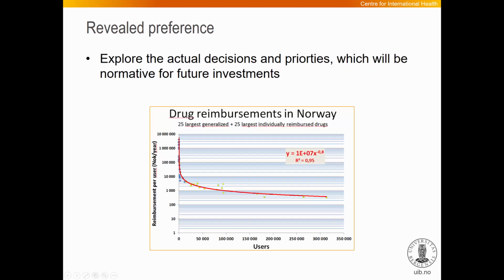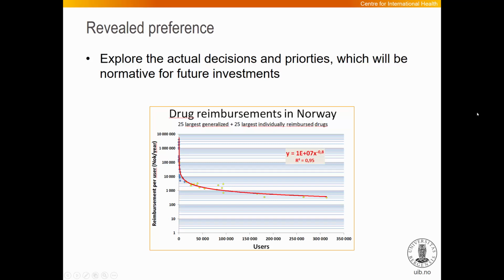Revealed preferences is when we observe actual decisions and actual priorities. And then we see what are the implicit willingness to pay thresholds for those actual decisions. And that could also be considered normative for future decisions. So those are revealed preferences.